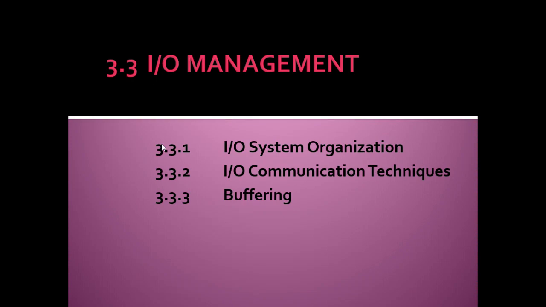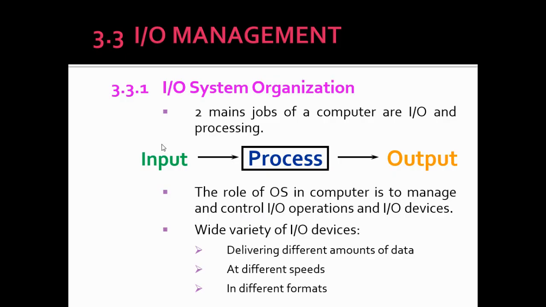Okay, so today let us just continue with input output management. Basically, two main jobs of the computer are to handle input outputs and to do processing, meaning the computer will get all the inputs and outputs from the devices and do some processing.